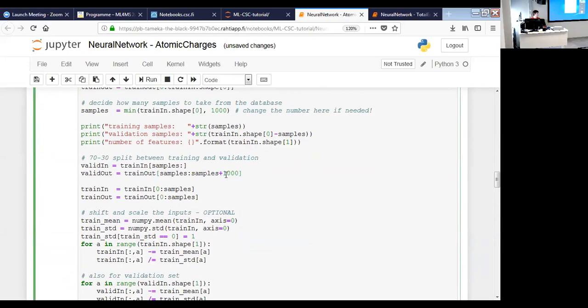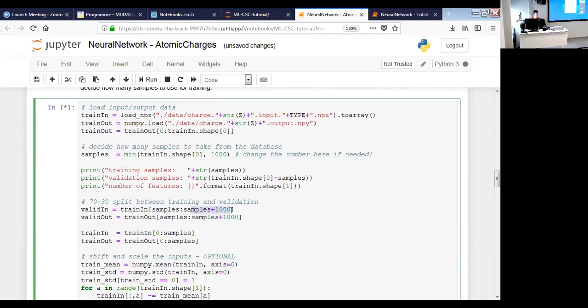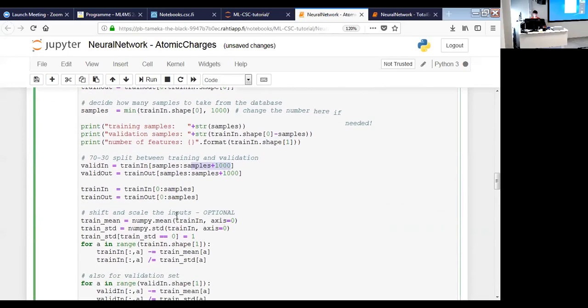You only use 1,000, otherwise it's going to take a long time to evaluate. I added samples plus 1,000 here, so it's going to take only a few for validation.